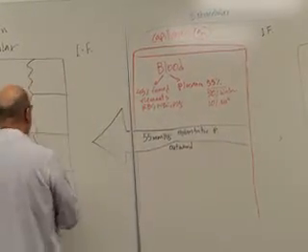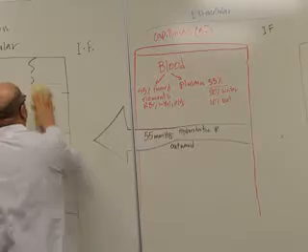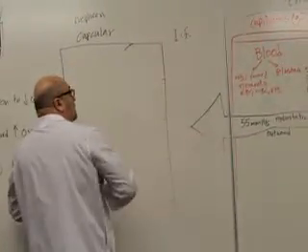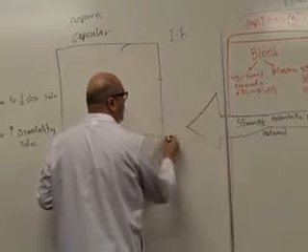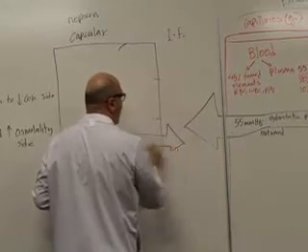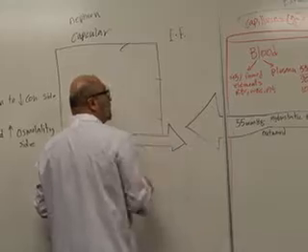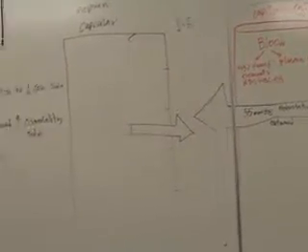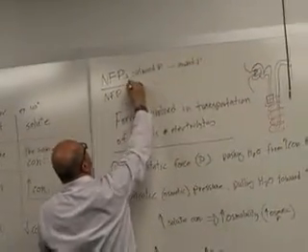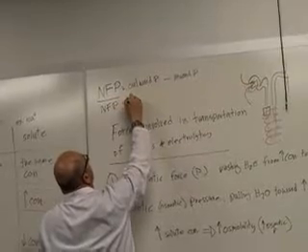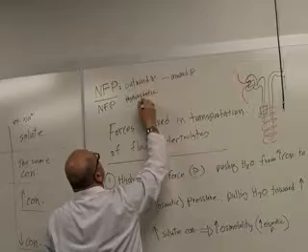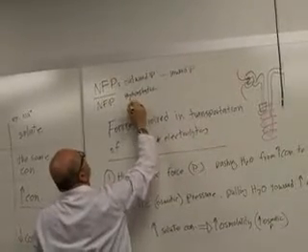That means you're going to have also water from the other side, okay? So this would be my outward. So if I put net filtration pressure, my outward force is hydrostatic pressure, right?